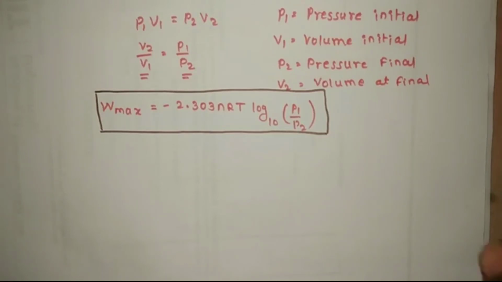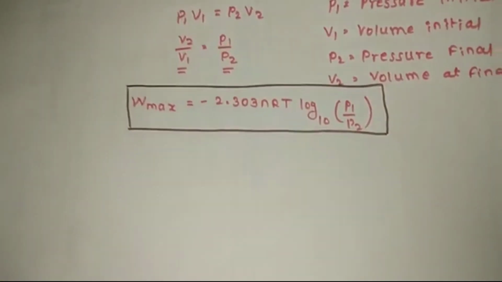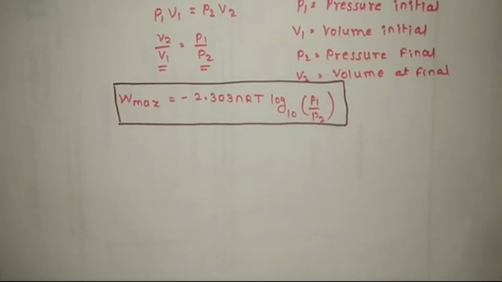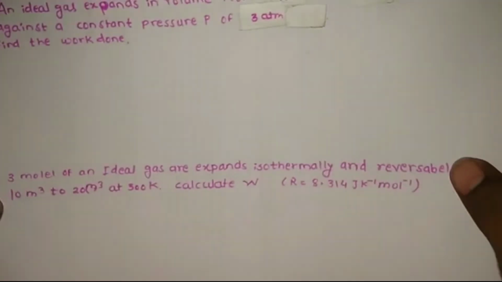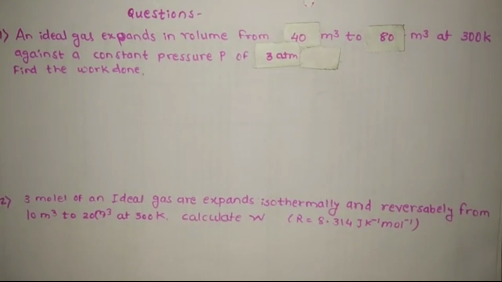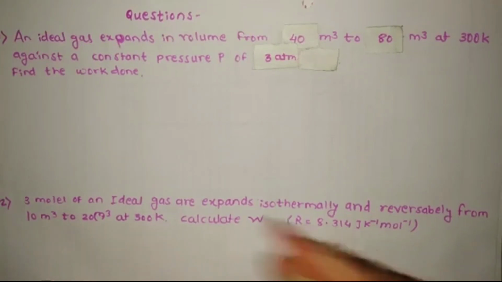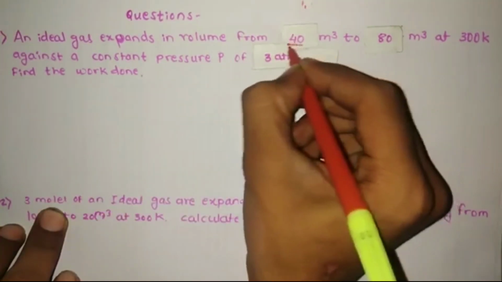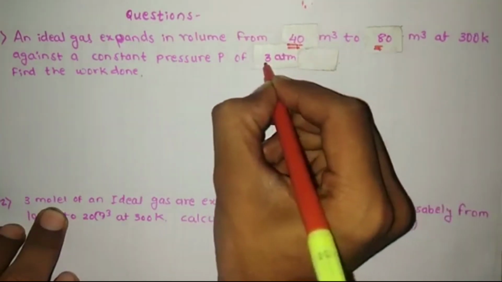Depending upon this, we are going to solve some questions. An ideal gas expands in volume from 40 meter cube to 80 meter cube at 300 Kelvin against a constant pressure P. Now find the work. In this question, the initial volume is given, the final volume is given, and the pressure is also given.